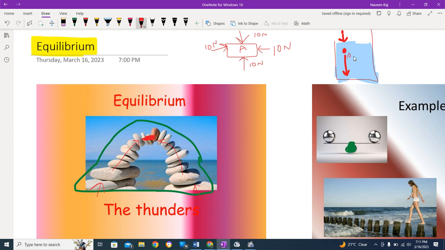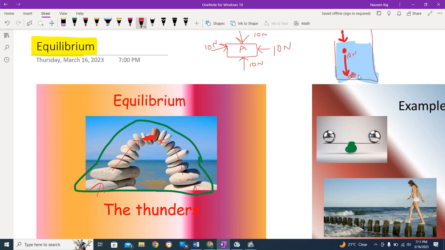Maybe the gravity wouldn't impact that much, but let us take the example that this will fall with a speed of 10 Newton. Like if this falls at a constant speed, from this point to this point it is 10 Newton.